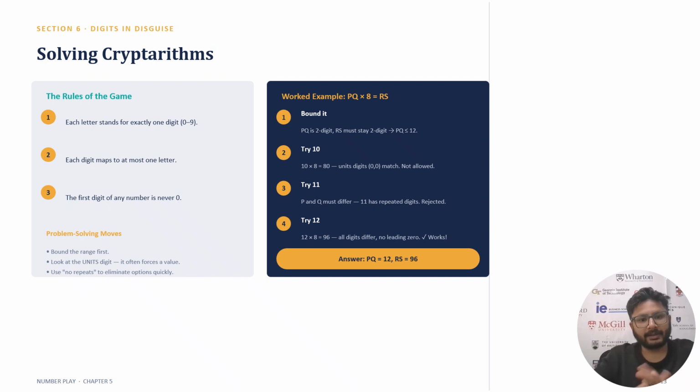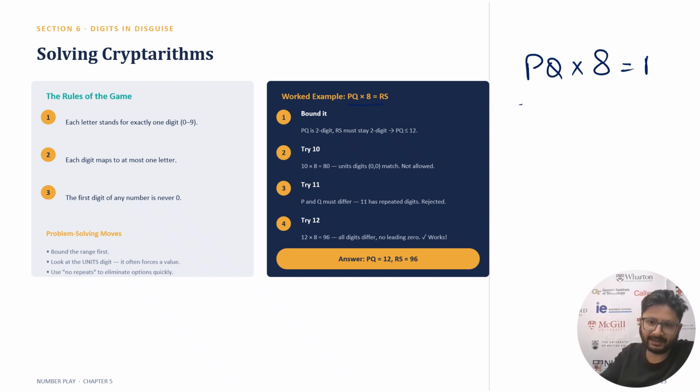And finally, cryptarithms. There are certain puzzles in the form of letters and numbers that can be given to you, and you need to find out the value of the letters which can be replaced with numbers. So for example, PQ multiplied by 8 is equal to RS.